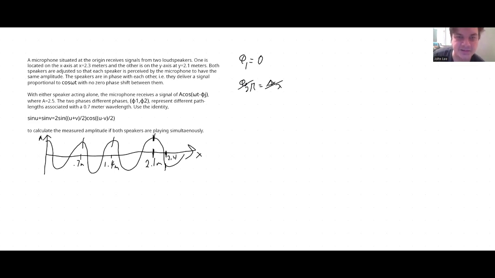In this case, phi 2 over 2 pi is going to be equal to 0.2. Oh, it's 2.3 meters, not 2.4 meters, so it's going to be a little bit farther. It's going to be equal to 0.2 over 0.7, which is equal to 2/7.